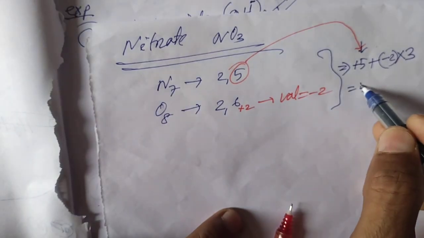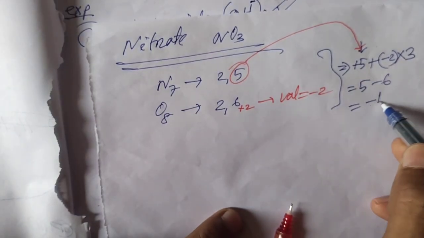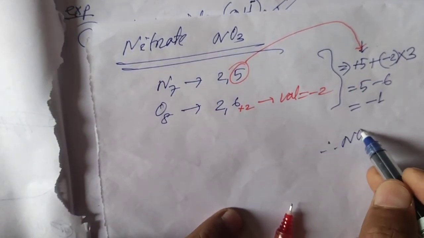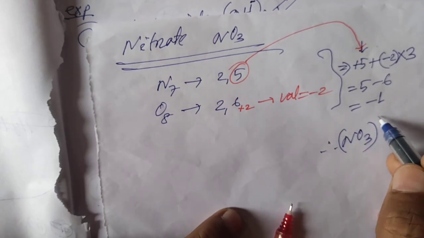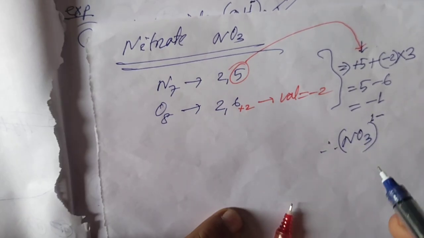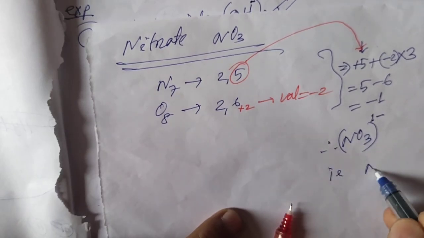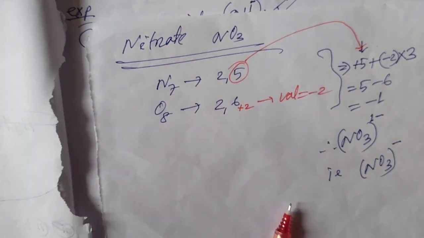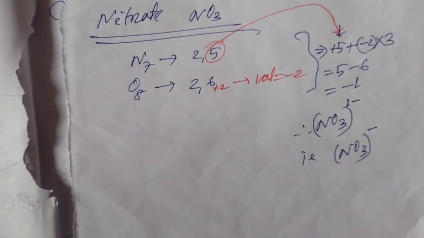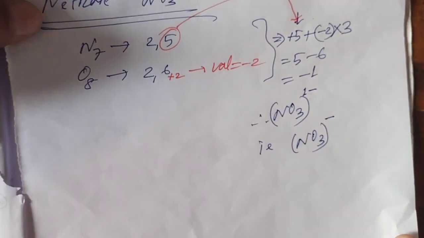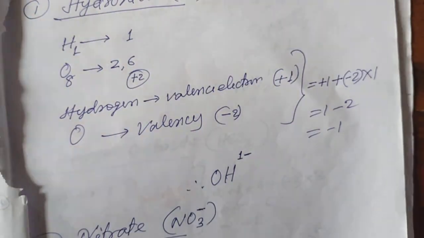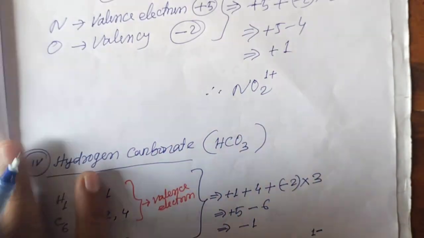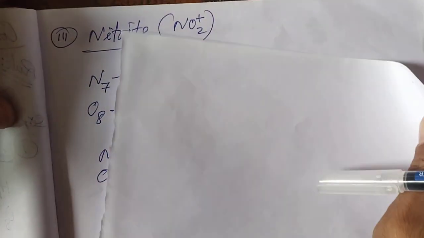So you see, +5 -6, remaining -1. Therefore, NO3 nitrate is 1 negative. The 1 is generally not written here, it is just written like this, NO3 -1, okay, minus like this. So this is about NO3, na? How to find the valency of a polyatomic compound, okay. Then I am taking nitrite, NO2, you see.